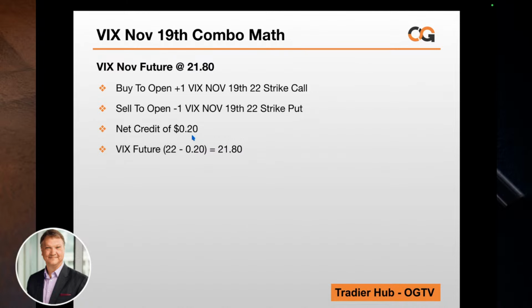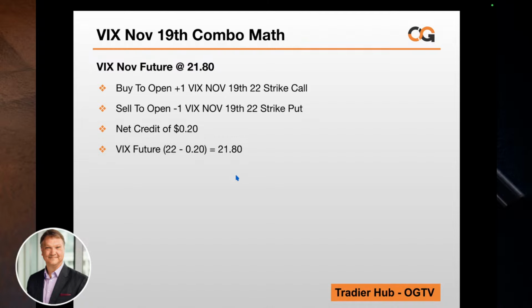Now that it's a net credit, we're going to subtract it from the strike. So this is synthetically long stock. That's another way to say this, synthetically long the VIX, if you will. And the VIX future is 22 minus 0.20 or 21.80 in this instance.